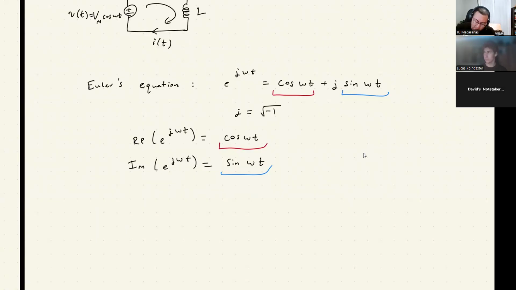So we'll choose complex forcing functions, and not just sinusoidal.